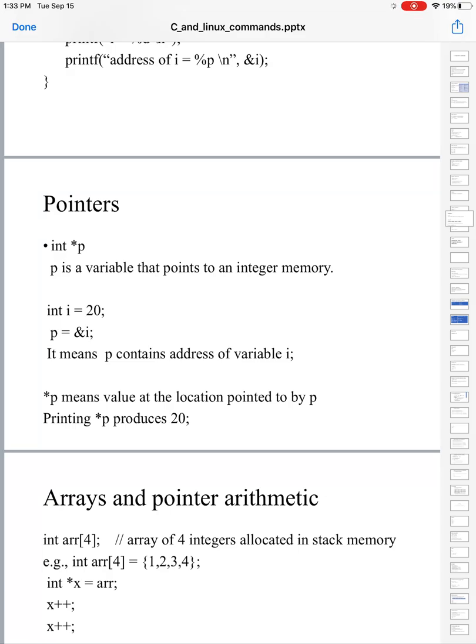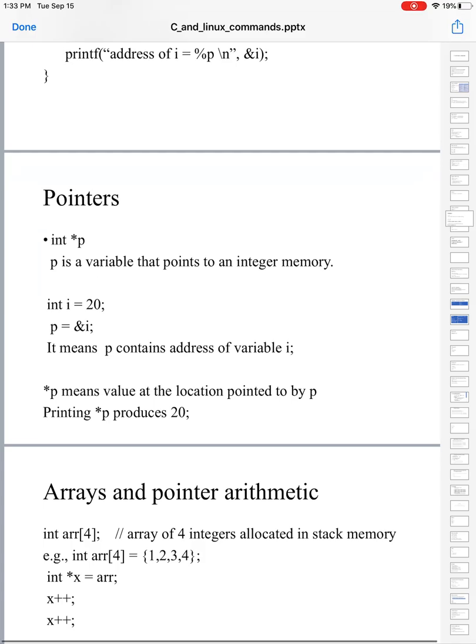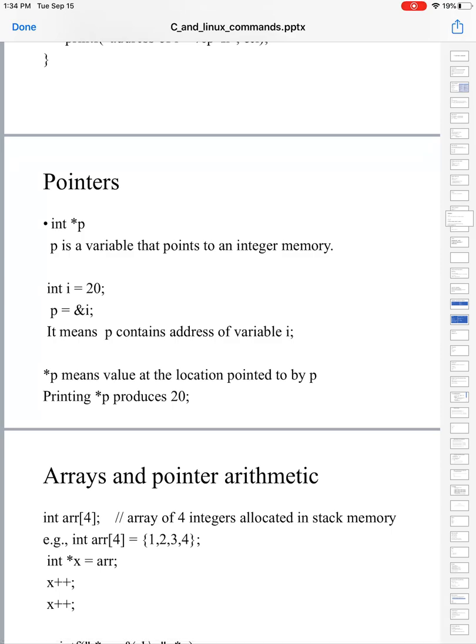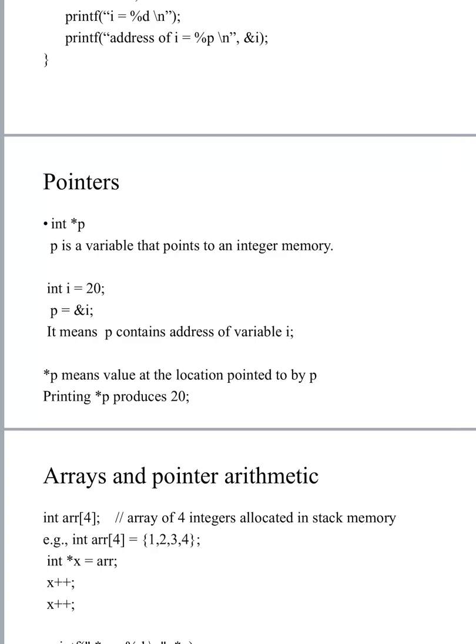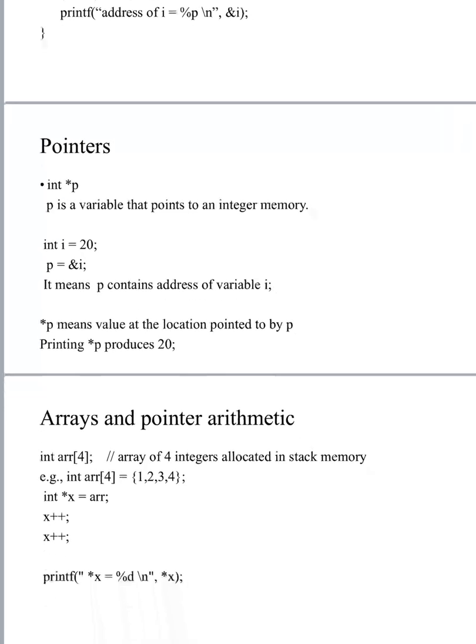Let's say there is a variable i equals 20, and then we set p = &i. That means p will store the address of i. So now *p means the value stored at the location pointed to by p. So if you print *p, it will produce 20.